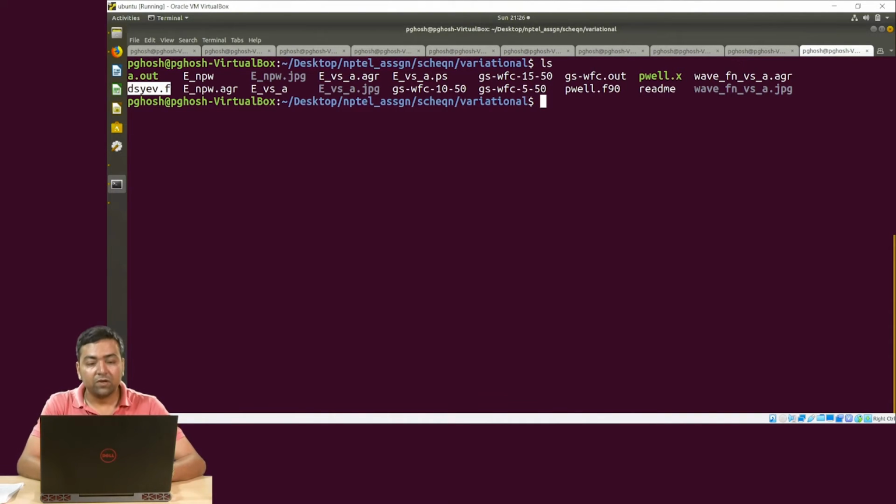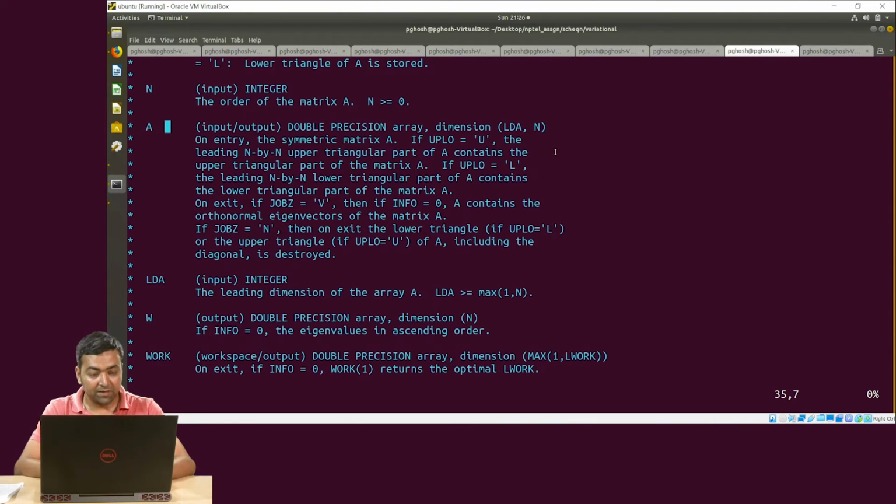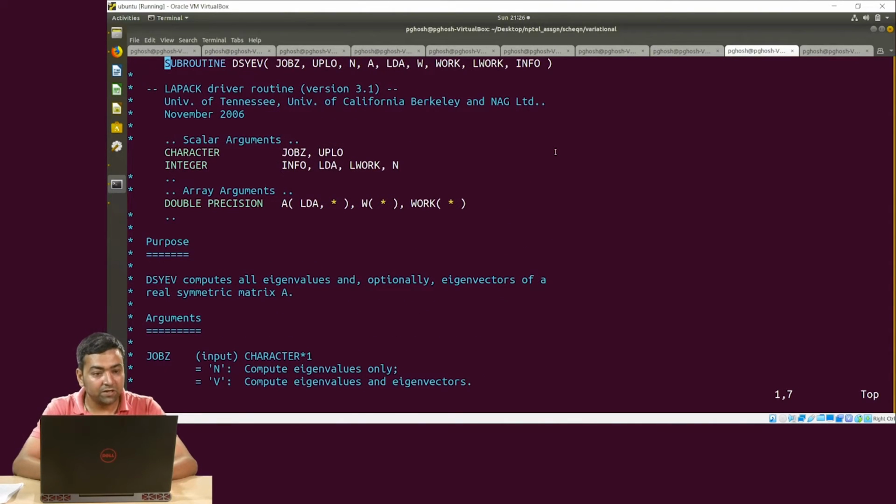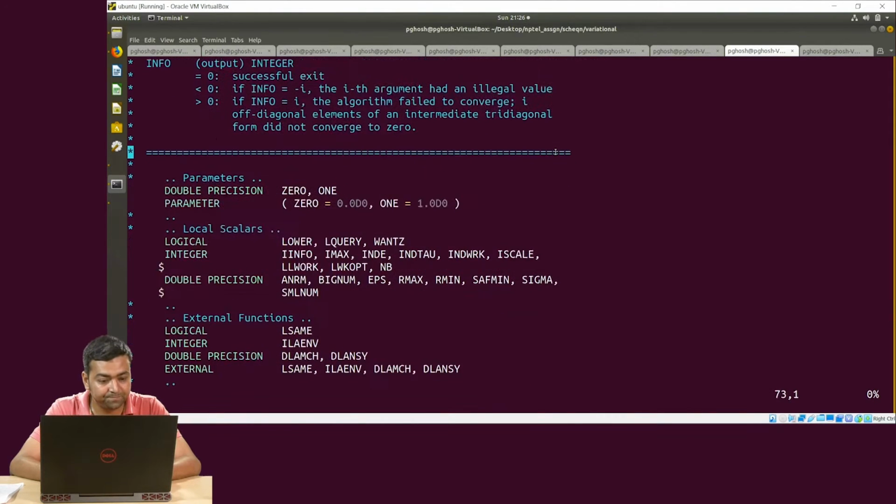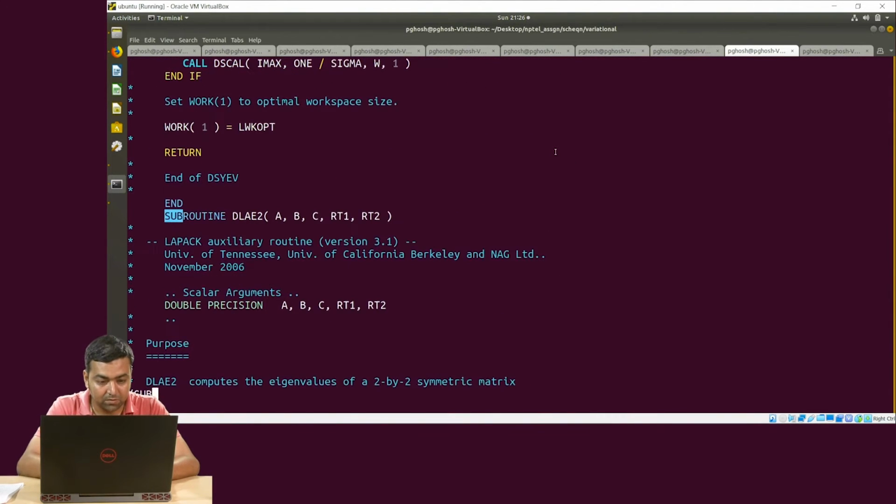Now remember, in order to compile this program, this particular subroutine, dsyev, requires some other subroutines also. Let me see where it is written. Yeah.